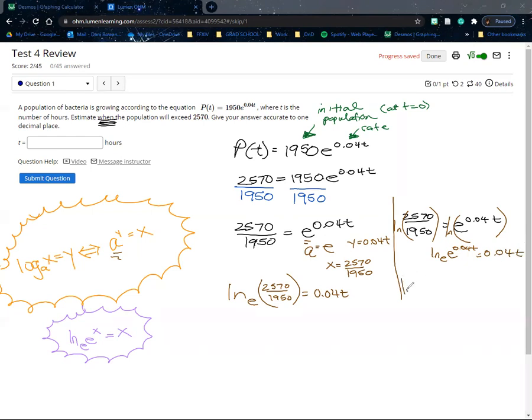And so then you have natural log 2570 over 1950 equals 0.04 t. See how it's the same? Doesn't matter which rule you use. Either rule will get you there. It is important to know both for different situations, but that is the case.